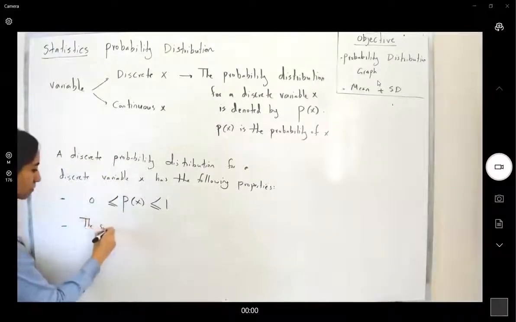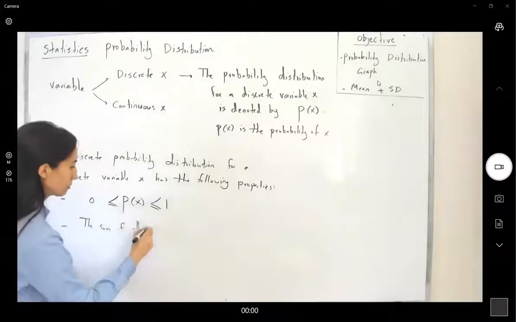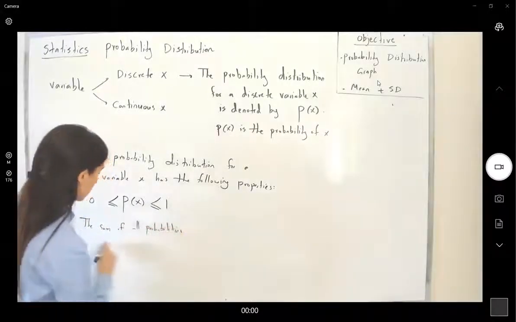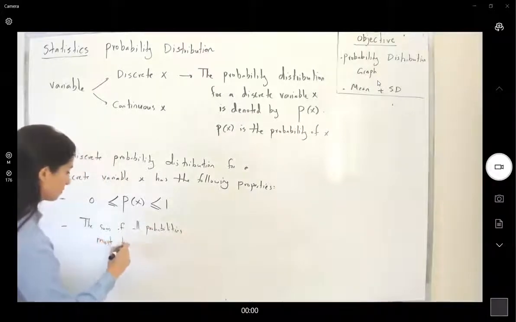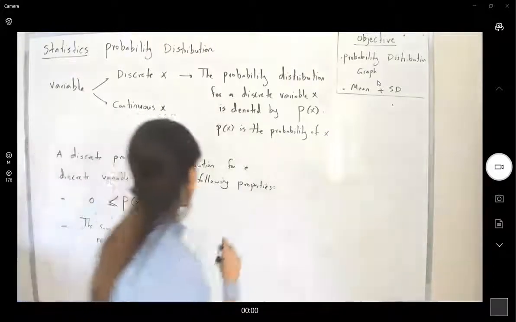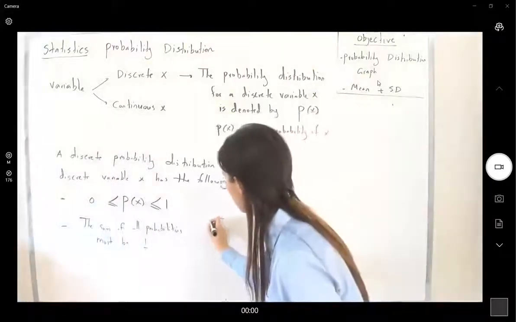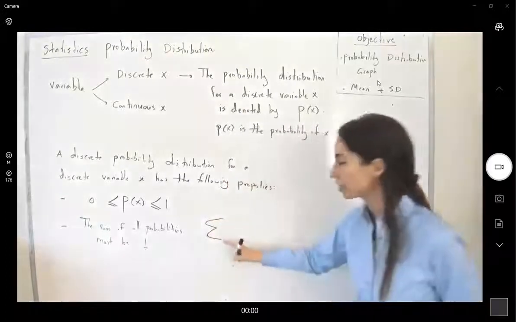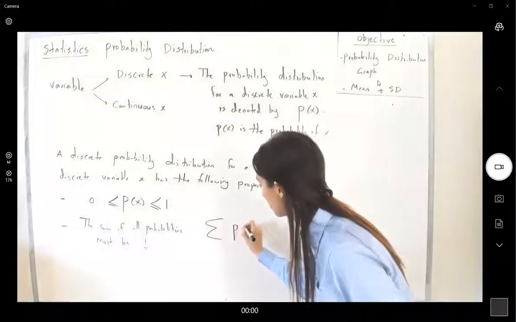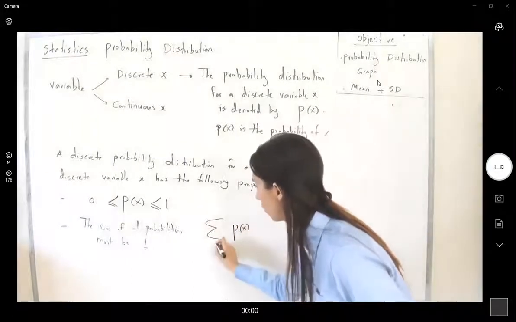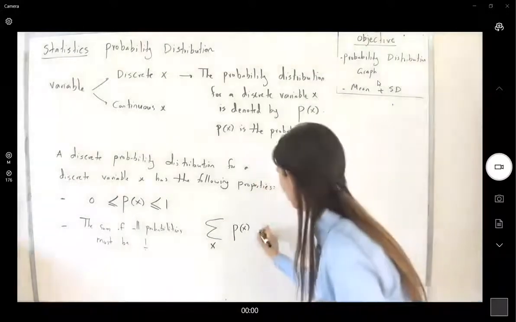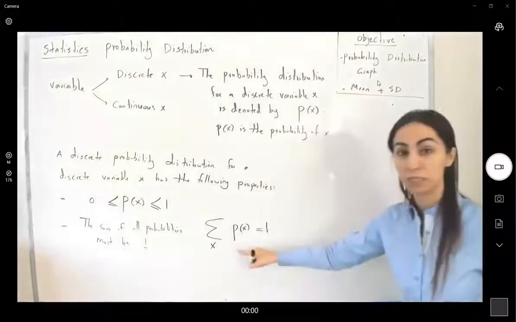The sum of all probabilities must be 1. So mathematically, we write it this way. This is summation notation. The sum of all probabilities p of x, while x is changing, must be equal to 1. What's the meaning of this?